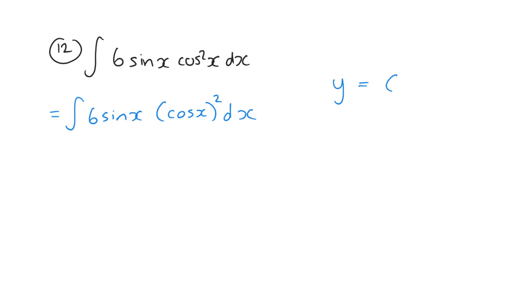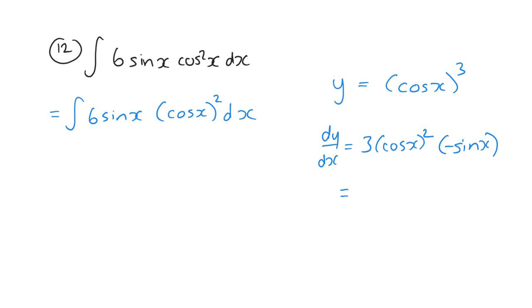So y equals cos x cubed would be our guess. To differentiate that, we get 3 times cos x squared, and then we'll have to differentiate cos x, and we'll get minus sine x. That would be minus 3 sine x cos squared x.